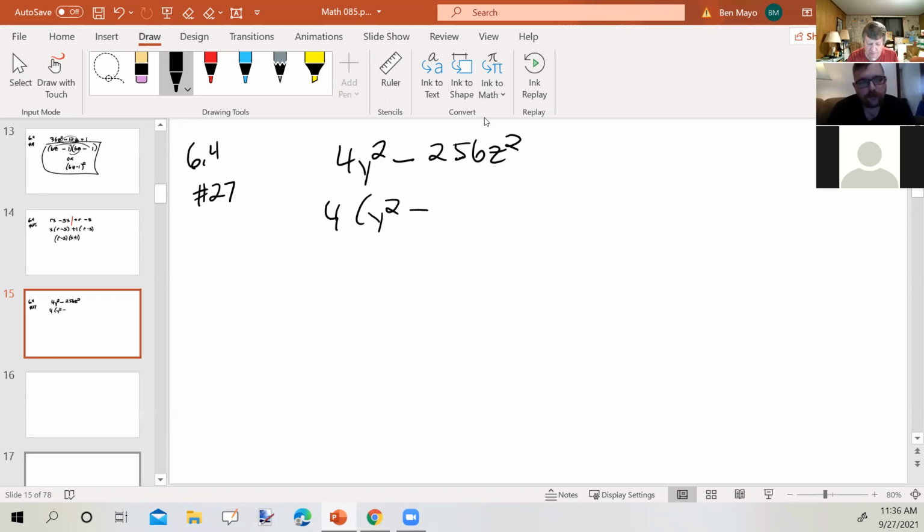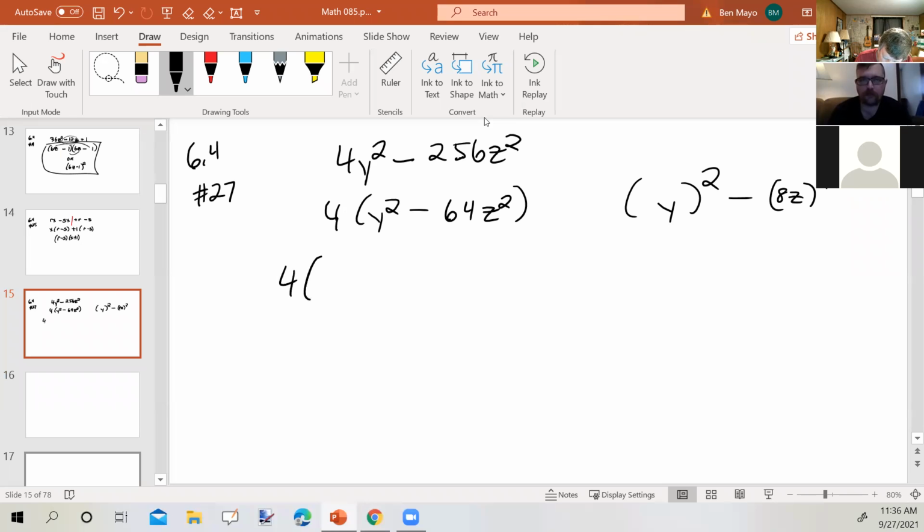What's 256? 256 divided by 4 is 64z squared. Now y squared minus 64z squared would be y minus 8z, because 8z squared is 64z squared.